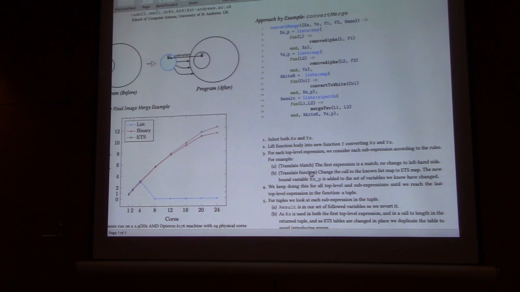Did my question help you out at all? No, the thing I'm very much missing here is where are the spawns? No, that's what I was explaining a while ago. What I'm showing here is not the way we parallelize the program. There are a number of papers published about using this library for parallelizing programs that get reasonable speedups.